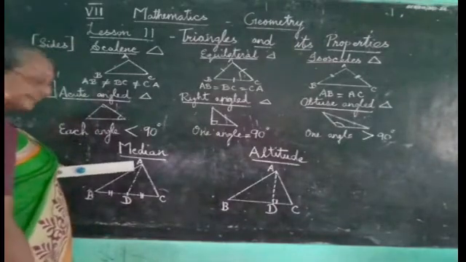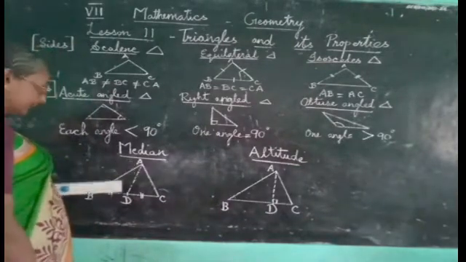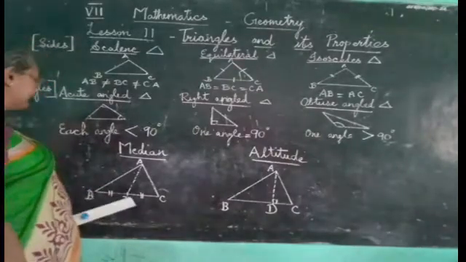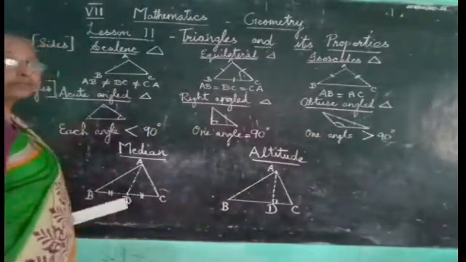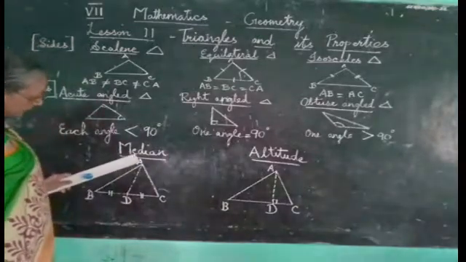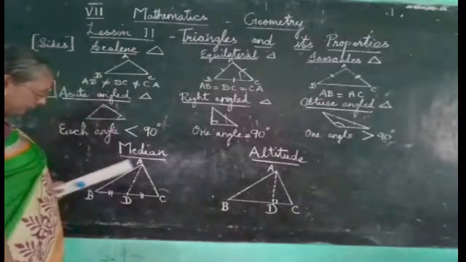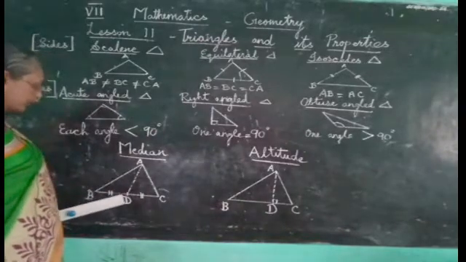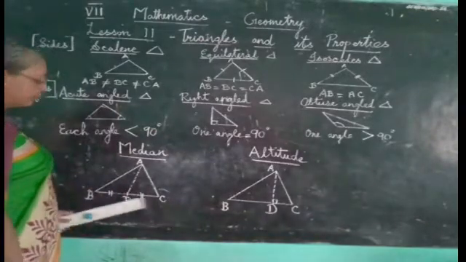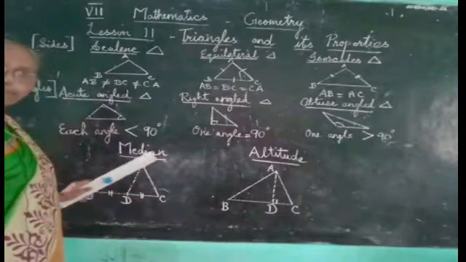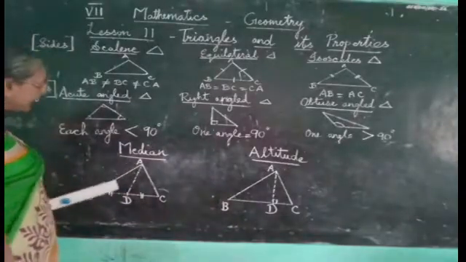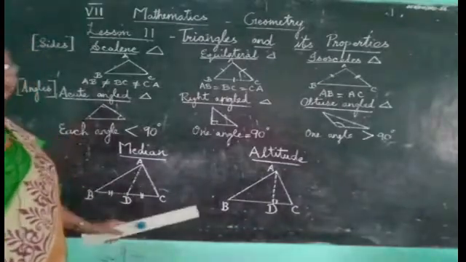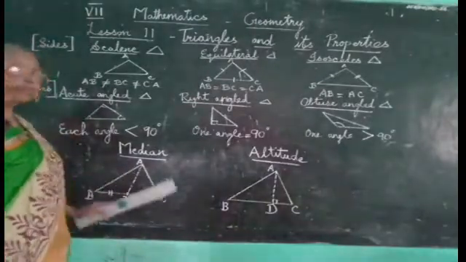Here the vertex is A and the opposite side of A is BC and D is the midpoint of BC. So the line AD is connecting the vertex A to the midpoint D of BC. That is called the median. Here AD is the median of the triangle ABC.